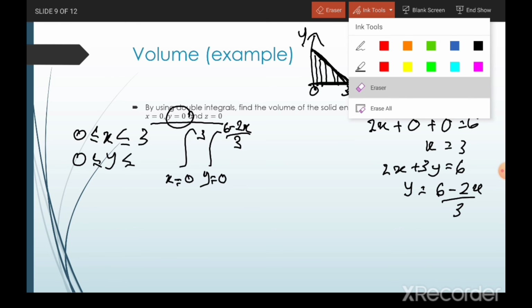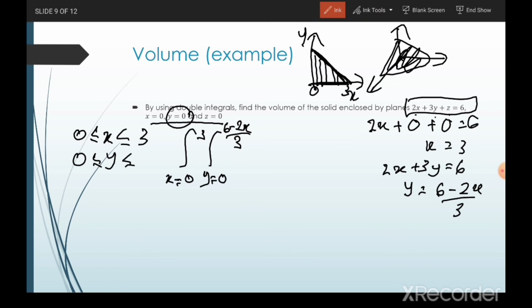And to find the volume, you include the equation 6 minus 2x minus 3y. So z is equal to 0 because this is double integral, 2 dimension. Then for now, students can integrate as usual.